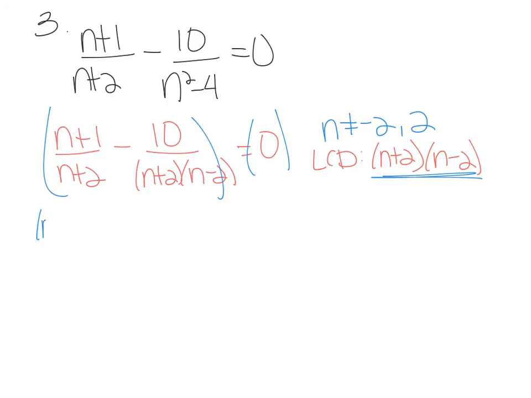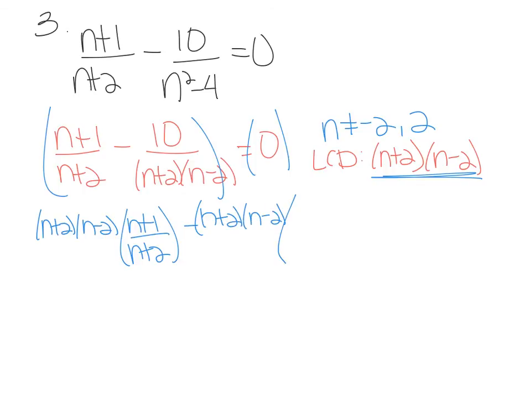So I'm going to take n plus 2 times n minus 2 times n plus 1 over n plus 2, minus n plus 2 times n minus 2 times 10 over n plus 2, n minus 2, equals 0 times my least common denominator.